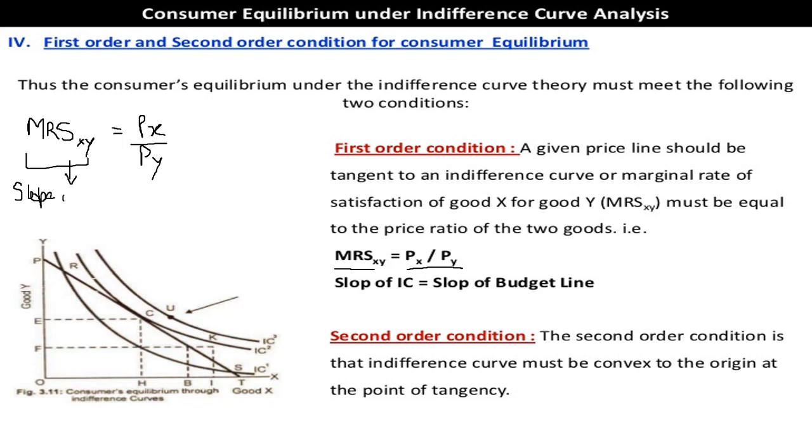I have told you in the previous videos that the slope of the IC curve is represented as MRS, marginal rate of substitution. On the other hand, Px upon Py is the slope of the budget line. Budget line is also known as price line.